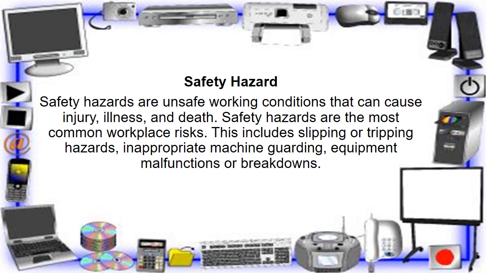So if you are looking at a machine, or someone asks you to guard it, and you don't properly guard it, it might cause some injury, illness, or death. Then also equipment malfunctions or breakdowns.